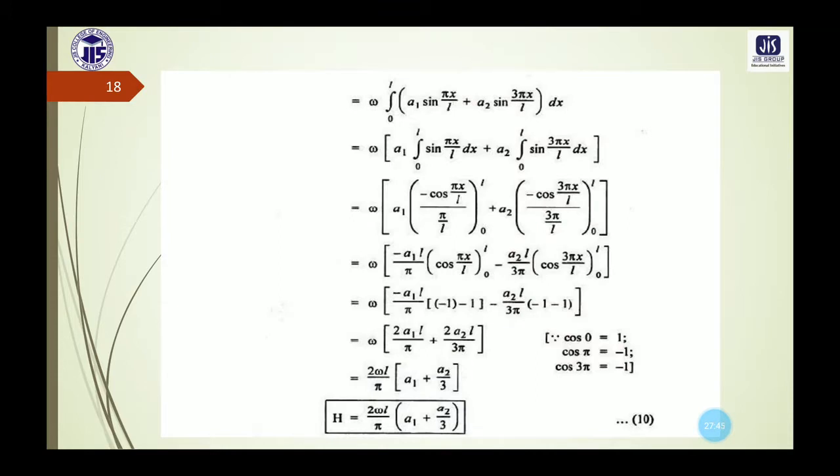Now here also if we do the integration, then for sin pi x by L it will be minus cos pi x by L. So this thing is known to us. So after several steps, after putting the integration limit and putting the value of cos 0 as 1, cos pi as minus 1 and cos 3 pi as also minus 1, we are getting the value of this work done, H equals 2 omega L divided by pi into a1 plus a2 by 3.